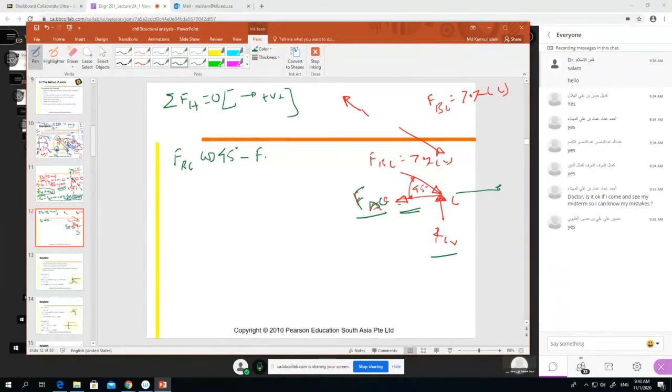So minus FAC. There is no horizontal component for this, so it is not under consideration. There is no other force. So FAC equal to FBC cos 45-degree, so FAC equal to 707 cos 45-degree.